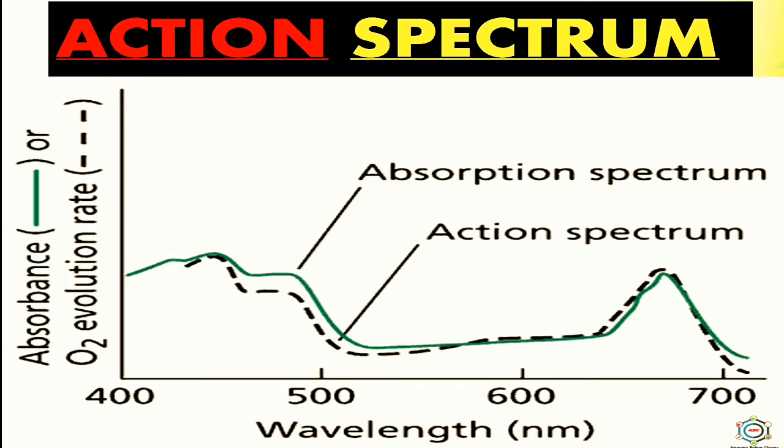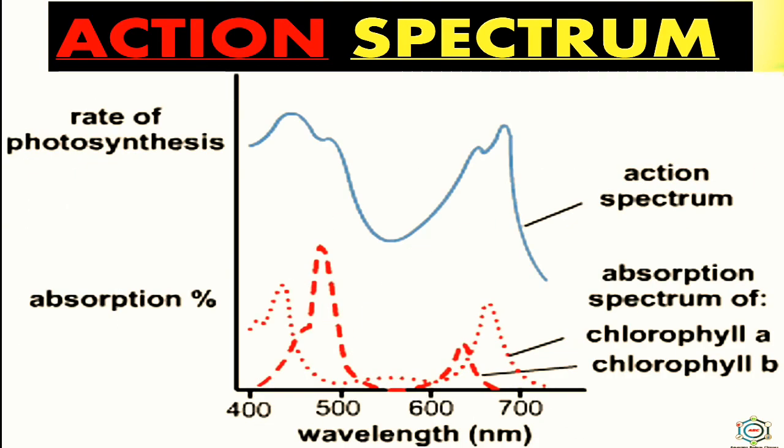So here you can see the absorption spectrum of chlorophyll a and b, and at the upside you can see the rate of photosynthesis, that is the action spectrum. So in this picture, both are present, that means absorption spectrum and action spectrum.